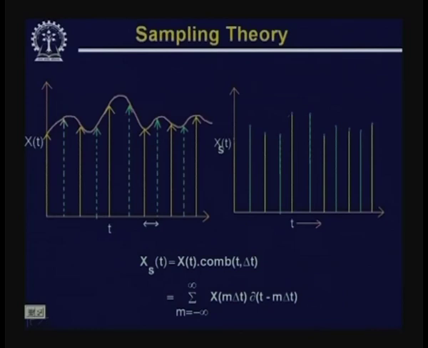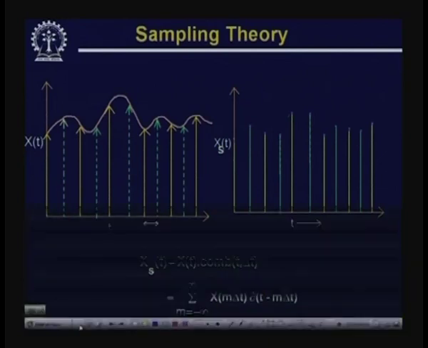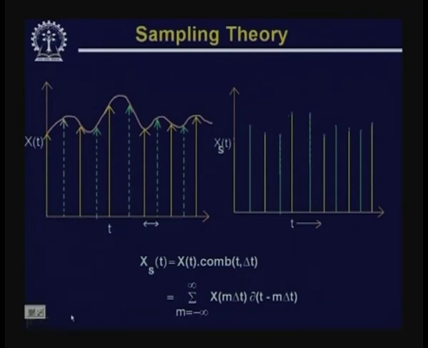We have also said that this x_s(t) can be represented in the form of multiplication of x(t) by the comb function of t, delta t. The same function can also be represented as the summation of x(m delta t) into delta(t minus m delta t), where the summation of t minus m delta t, with m from minus infinity to infinity, gives you the comb function.